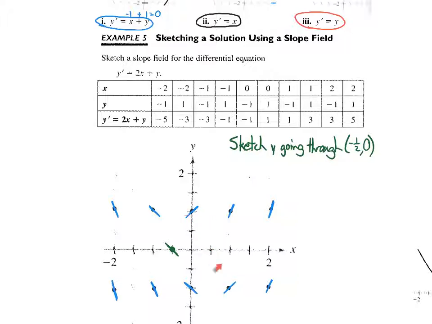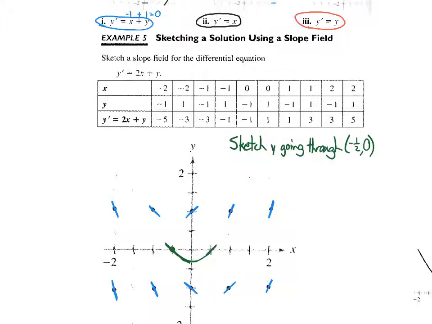So looks like between those two, I should have a +1 slope. Which means somewhere between them, I should have what as a slope? 0. Now, do I know exactly how far down it goes? No. But this does at least give me an idea of what that's going to look like. Okay?